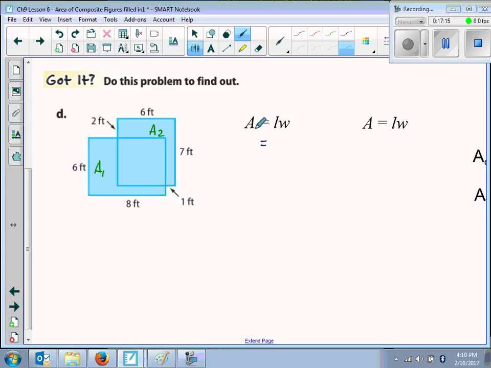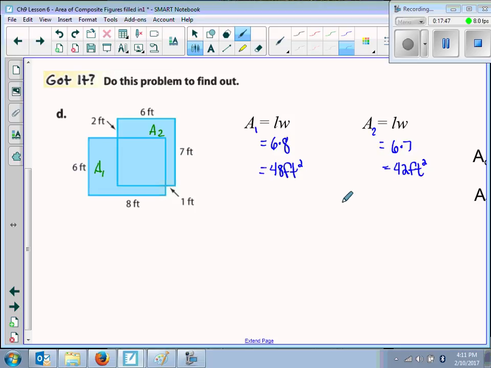So for area 1, we've got 6 times 8, which is 48. And again, this is feet squared. And then for area 2, we have 6 times 7. And that's going to give us 42 feet squared.